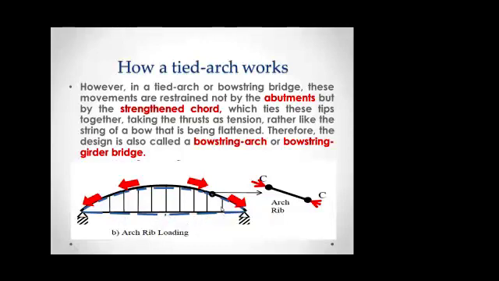We are increasing the chord strength, the tie member strength, which ties the tips together, taking the thrust as tension, rather like the string of a bow. How do these bowstrings work? Usually we do it with sticks, no? In a similar way, the bowstring works, being flattened. Therefore it will be designed this way. This is also called a bowstring arch or bowstring girder bridge.